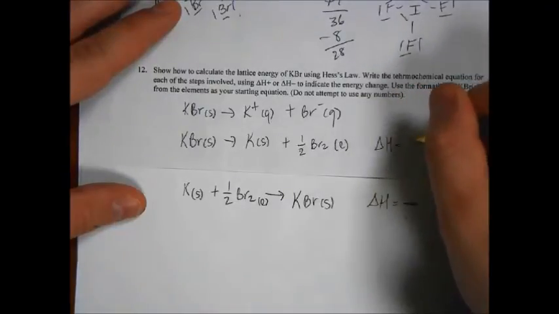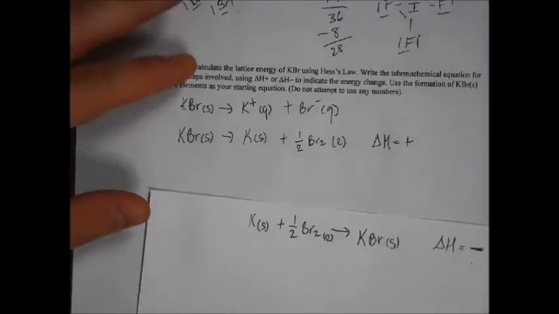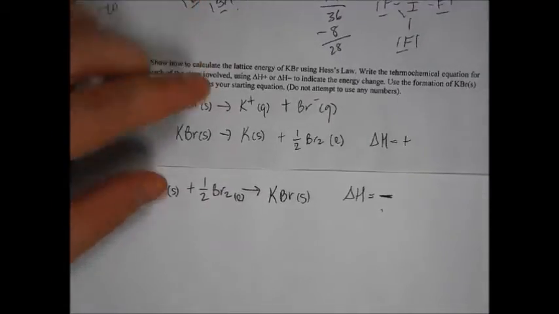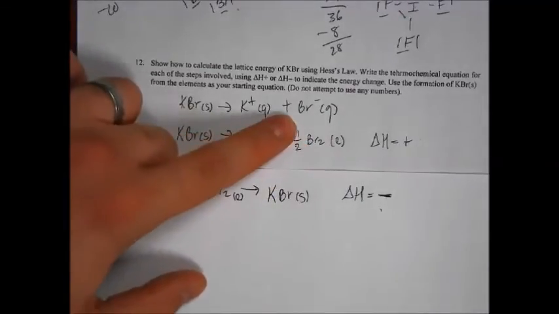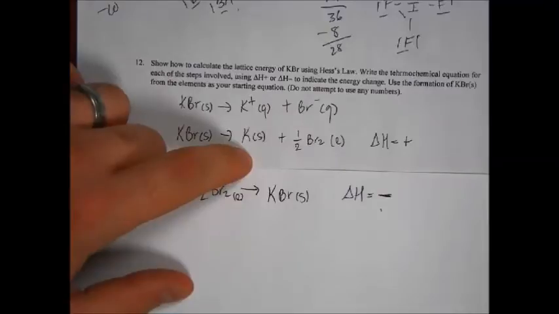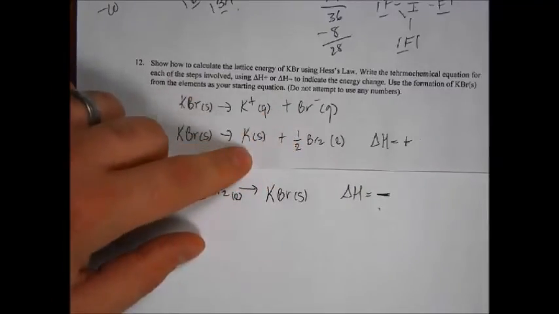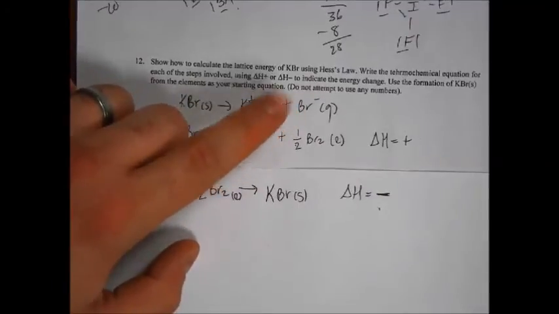And because we flipped it, the delta H in this case is going to be a positive. Now, the idea here is for each subsequent step, we have to convert these now into K plus gas and Br minus gas. So in order to get this to all cancel out, we have to get rid of these and work our way toward K plus gas and Br minus gas.